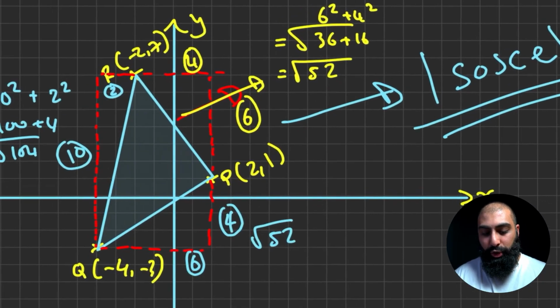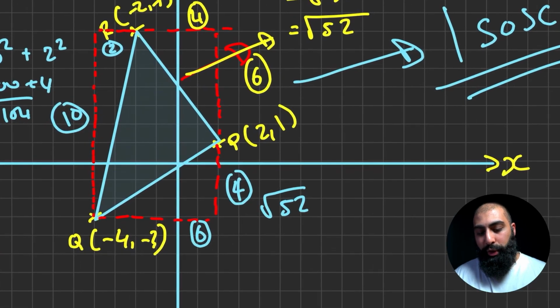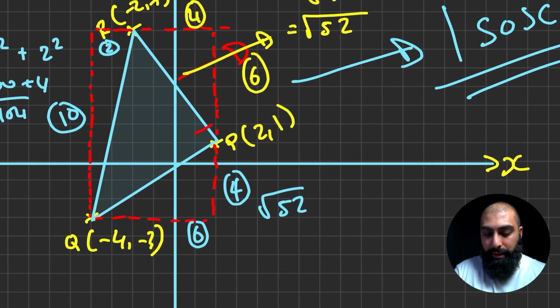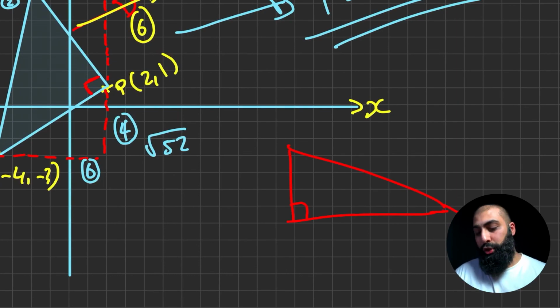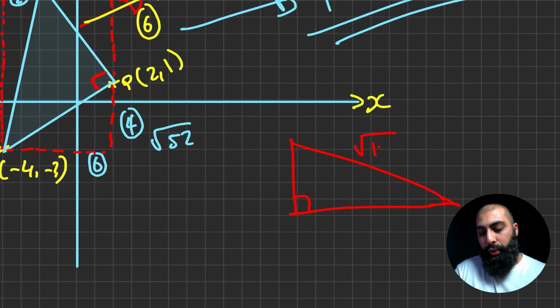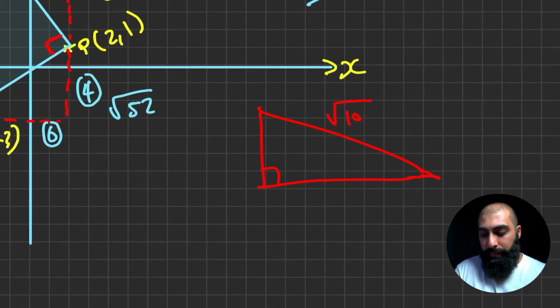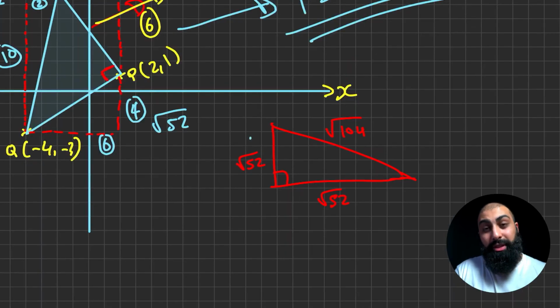And then it says determine whether PQR has a right angle, and if it does, state where it is. So do we have a right angle? If we do have a right angle, it probably is going to be here. However, if that's true and this triangle does have a right angle, then Pythagoras should work here. Now I've got the square root of 104, the square root of 52 and the square root of 52. So therefore a squared plus b squared should be equal to c squared.